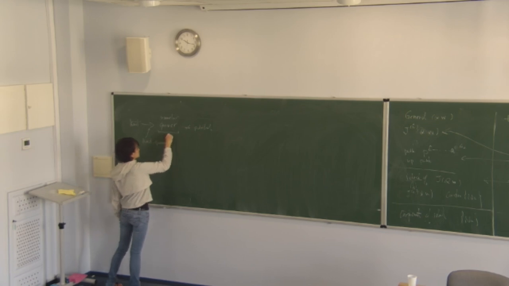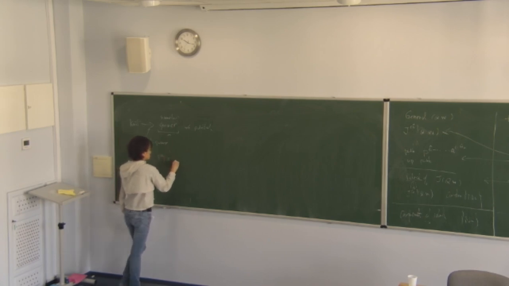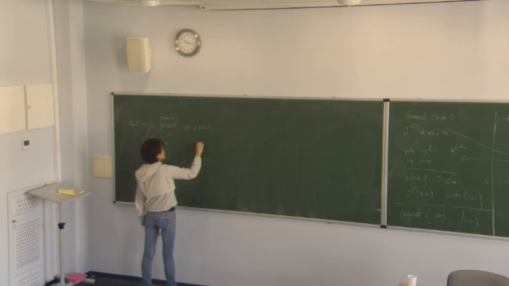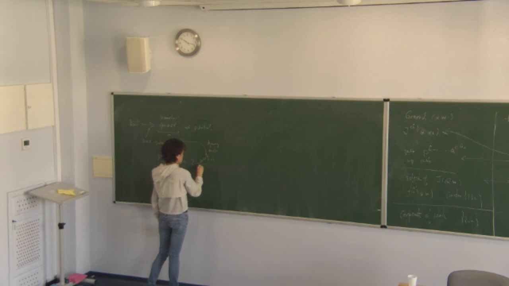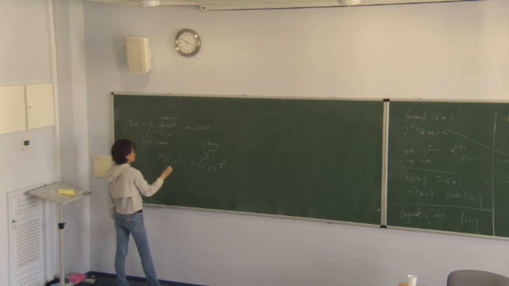The generating function for the DT invariant for this quiver representation has a closed form. Here C is the adjacency matrix, and X is the fugacity for all the vertices here.